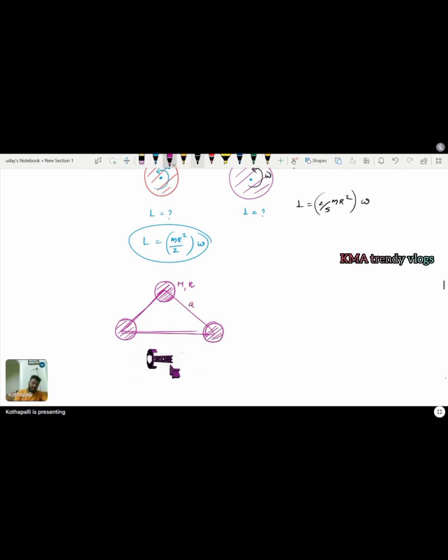And now this system is rotating about an axis passing through the center of one of the spheres with omega. Now, what is the angular momentum of this system? This is also M and R. All three are identical. Tell me, complete it and tell me the answer.